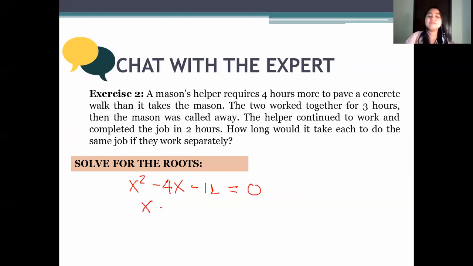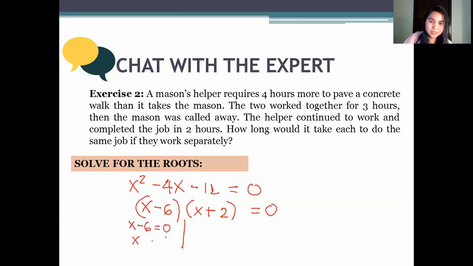What are the factors? x minus 6 and x plus 2. So let's solve. x minus 6 equals 0. x equals 6. How about the other? x plus 2 equals 0. x equals negative 2.